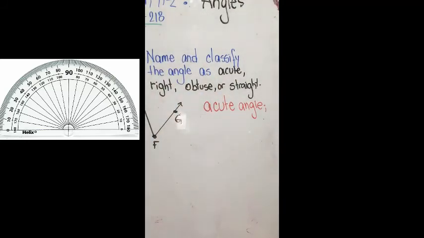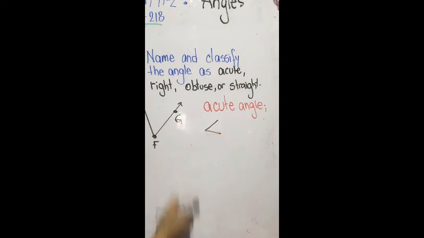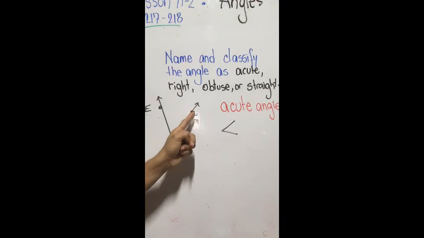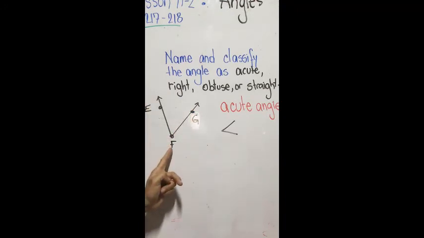We know 3 different ways to name the angle. We're going to use the shorter way, using a symbol like this. That means angle. And remember, for the angle you need to write in this case the 3 points, the 3 points that make the angle. Remember, you can name it EFG or GFE. Always the letter of the vertex is in the middle. The vertex is always in the middle.